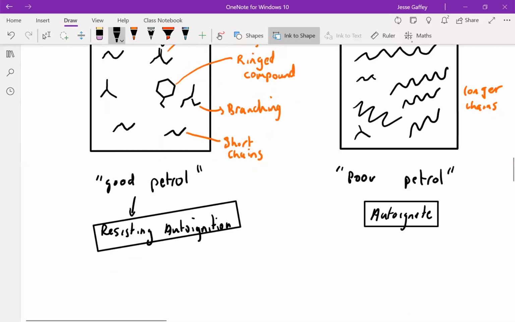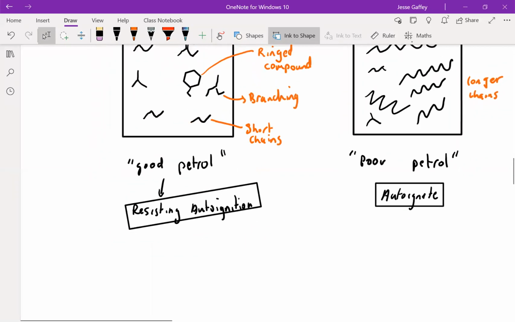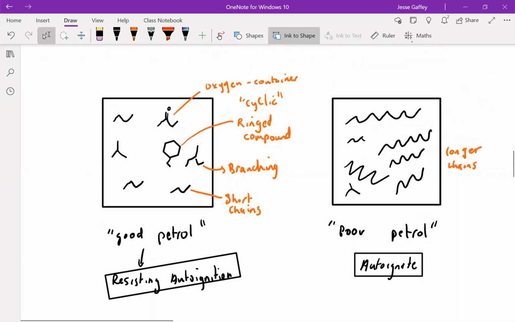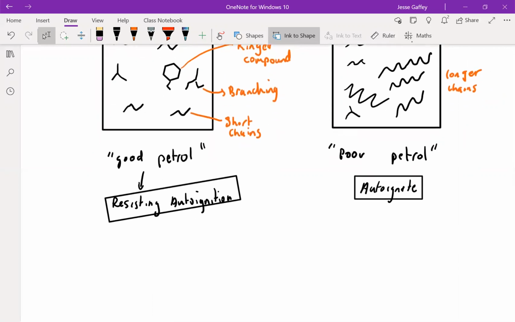Now, it is not enough to just say a poor petrol auto ignites and a good petrol doesn't, because there's lots of different molecules in here. To understand which molecules are responsible for the ability to resist auto ignition, we had to create a kind of scale which helps us measure the different molecules' ability to resist auto ignition.